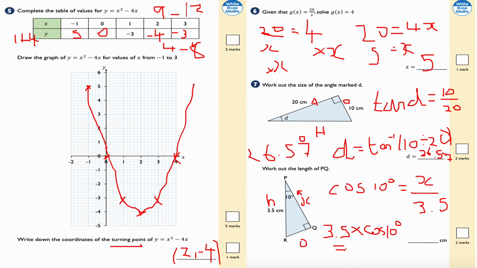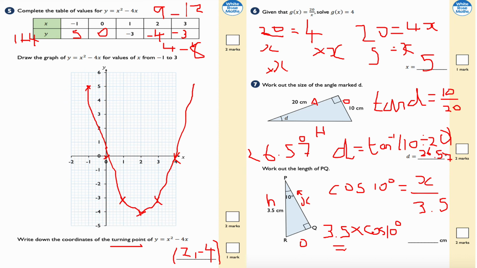So let's just do that on my calculator quickly. So cos 10 times 3.5.